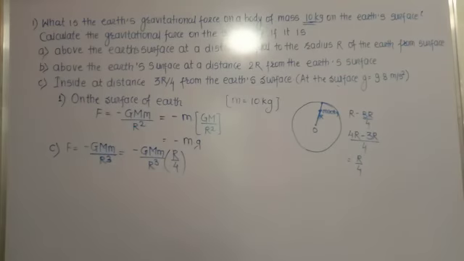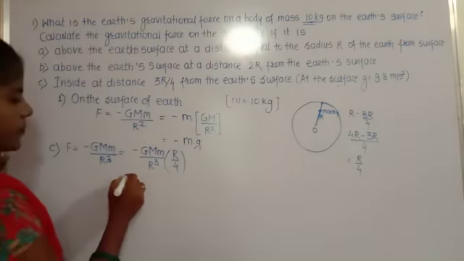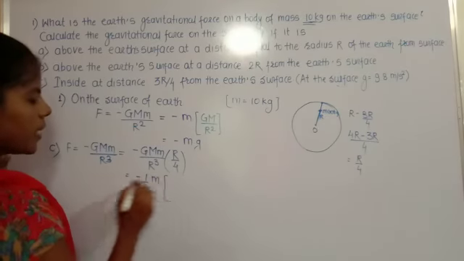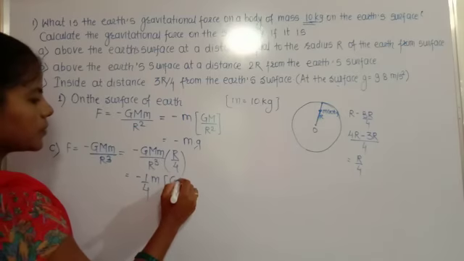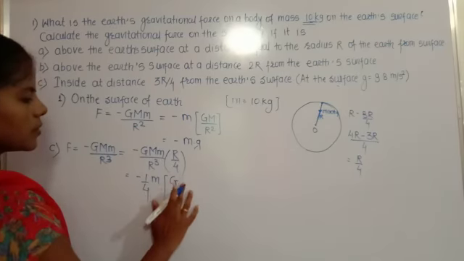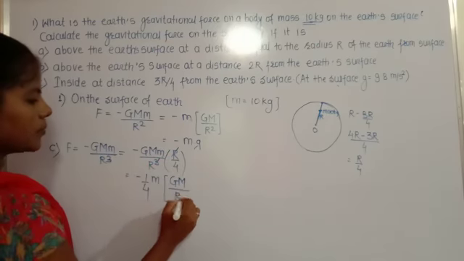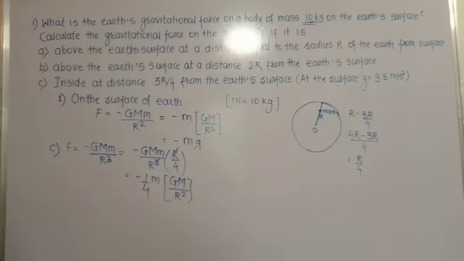After calculation we get minus 1 by 4 small m and the bracket term capital G capital M, and here R cancels, we get R square, that is the G term.